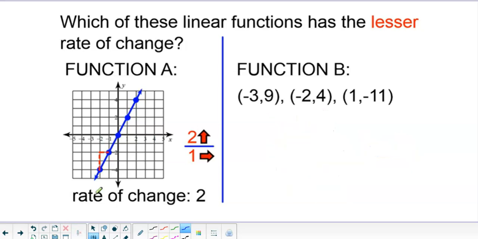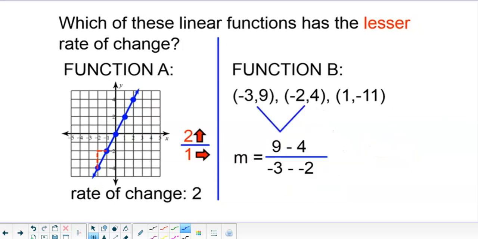Again, you can choose any 2 points from your list. Let's choose the first 2. y minus y over x minus x. And you might be thinking, well, isn't this y2? Well, it depends on how you labeled it. If you labeled this one x1 and y1, and this one x2 and y2, then your formula would look like this. So it doesn't matter what you label them as long as you're consistent with the formula.